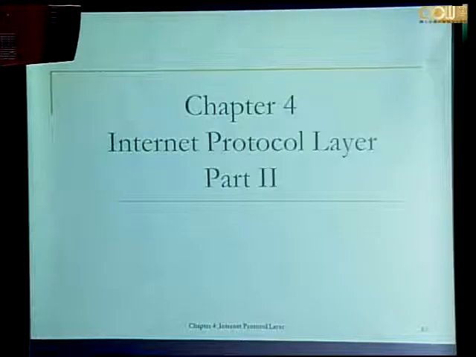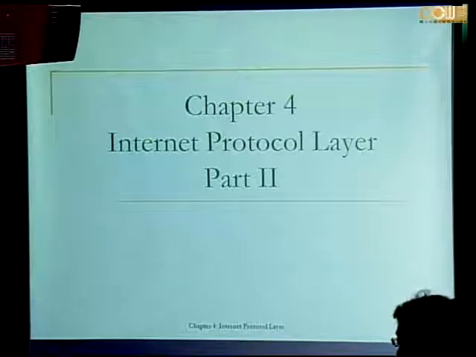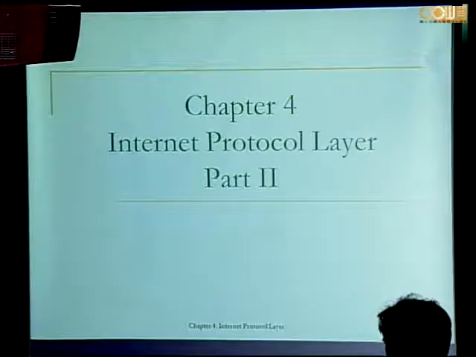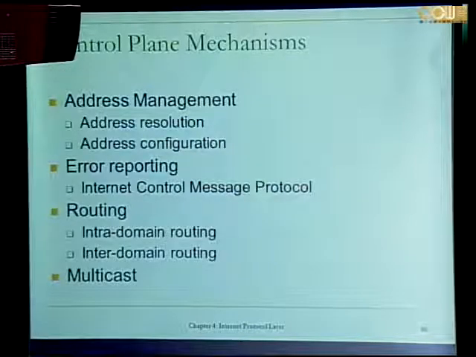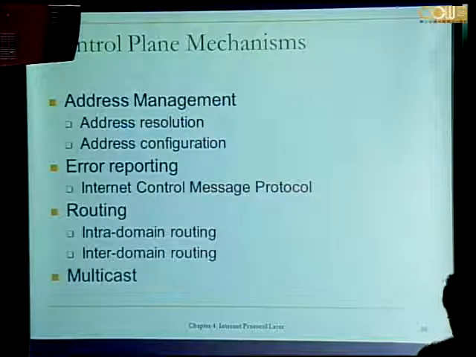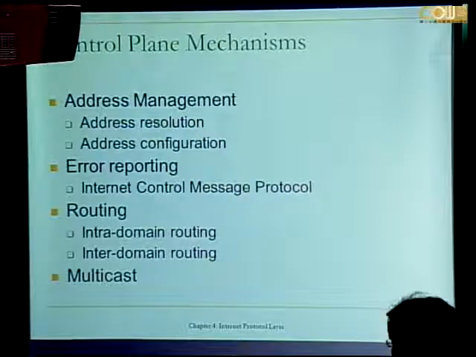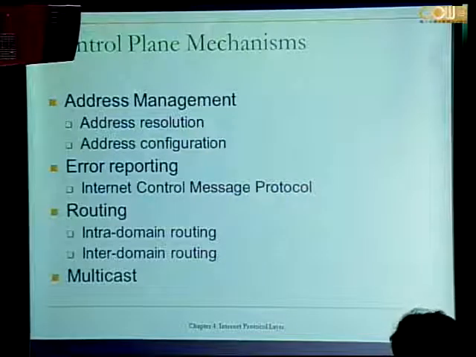So that basically finishes the discussion on IPv6. We have finished the data plane protocols, including IPv4 and IPv6. Next, we will look into the control plane protocols, and we will look at 4 topics. The first one is address management, which includes address resolution and address configuration.